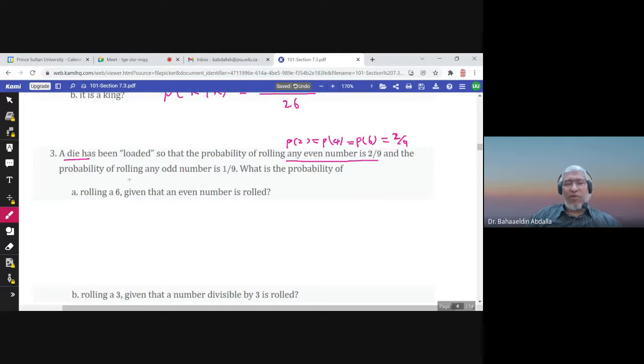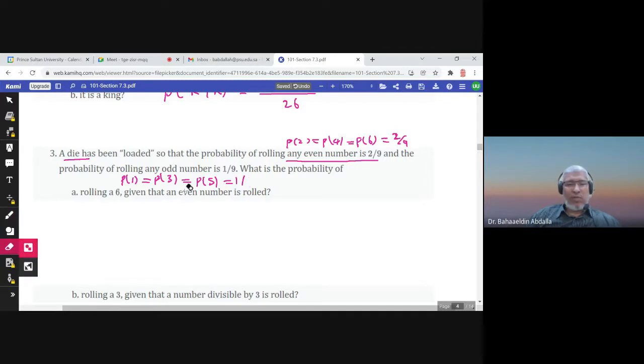And the probability of rolling any odd number, so probability of 1 equals probability of 3 equals probability of 5 equals 1 over 9.